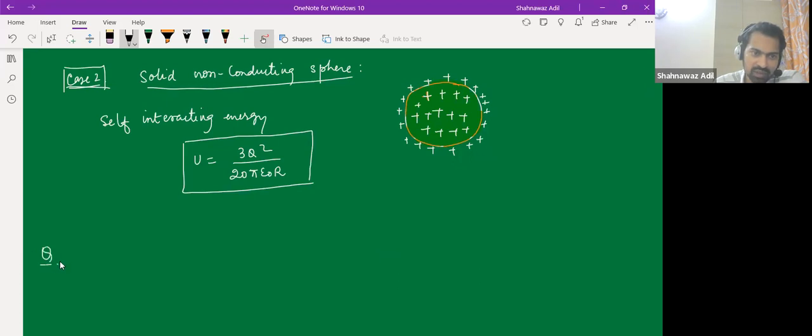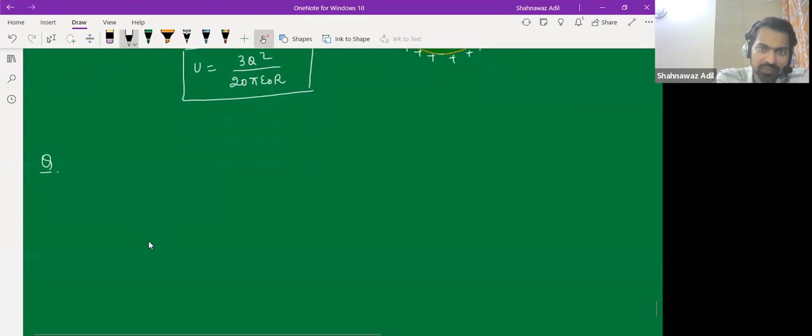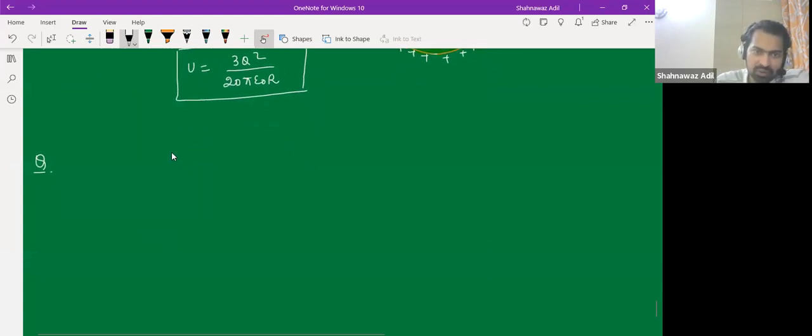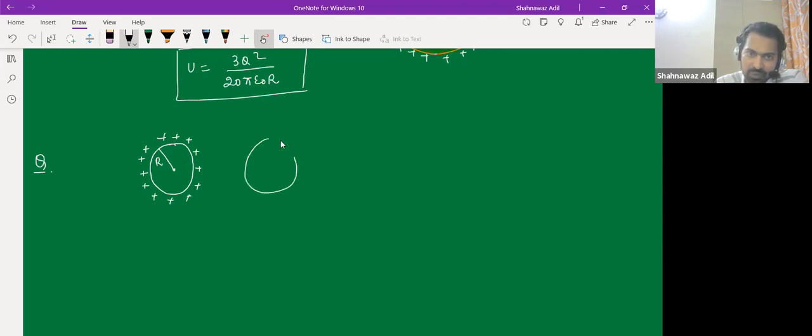Okay, so we have this question. We have two spheres. One is this, and it has a radius r. And we have another sphere.